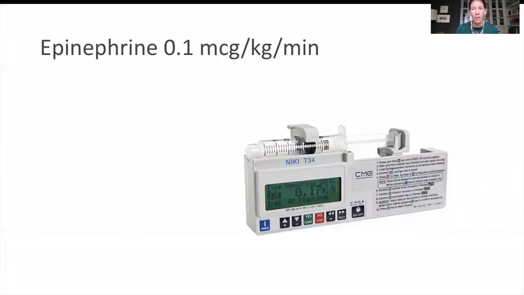So part of our circulation is also to consider when we need to start inotropic support. And if the baby has had a couple of boluses and is still very poorly perfused, you're going to want to start epinephrine, usually at 0.1 mics per kilo per minute. If the baby is starting on prostaglandin, they often need epinephrine to support their blood pressure.